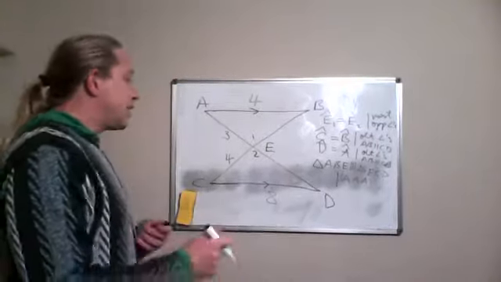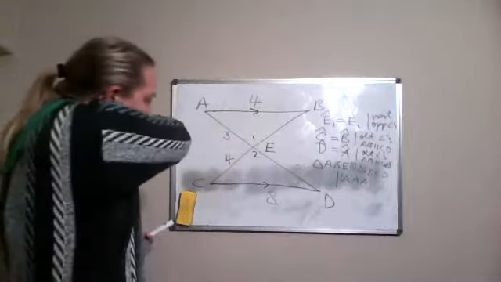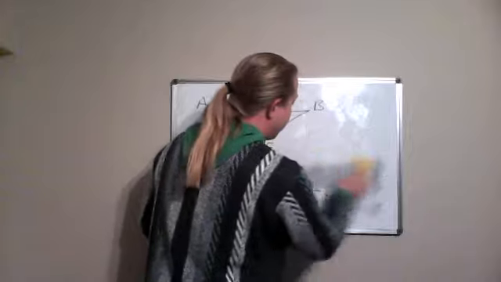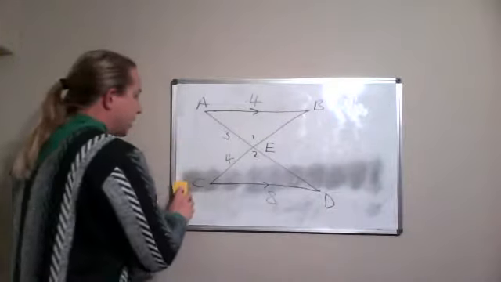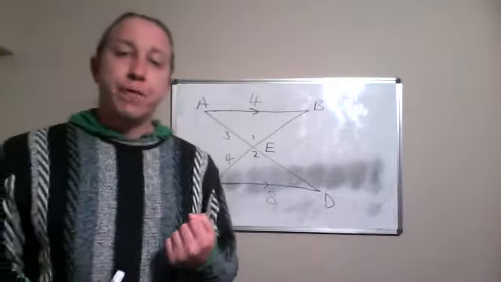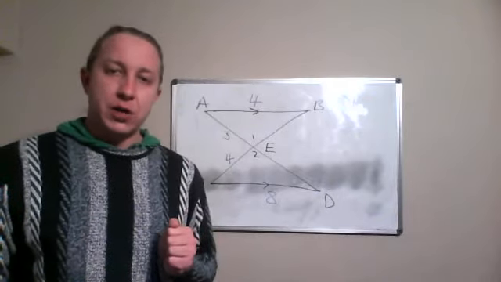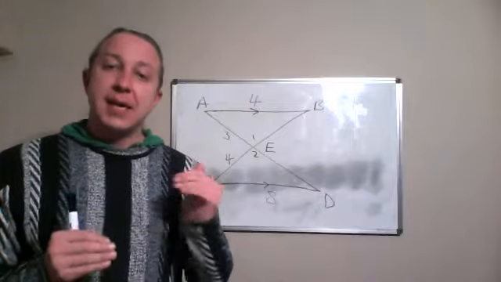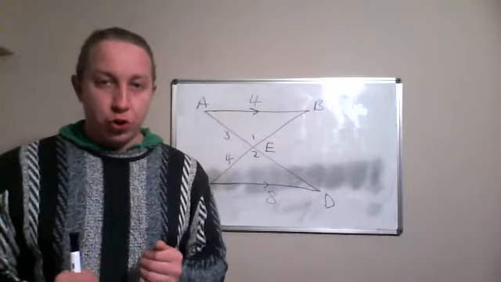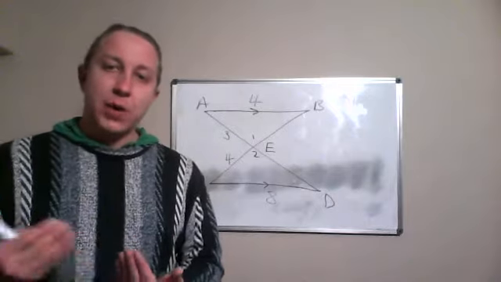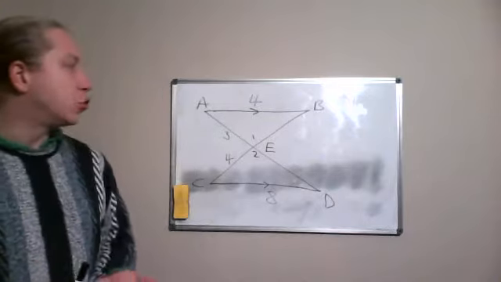The idea here is that we've already proved that these two triangles are similar. If the two triangles are similar, that means their sides are in proportion. So if we can find out what that proportion is, we can find the missing lengths of this triangle.